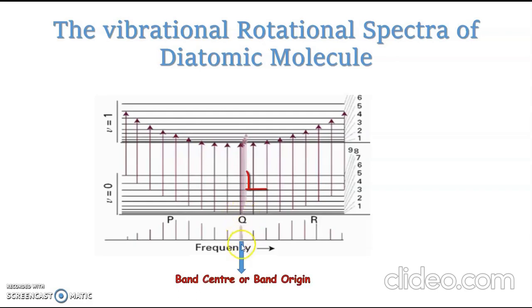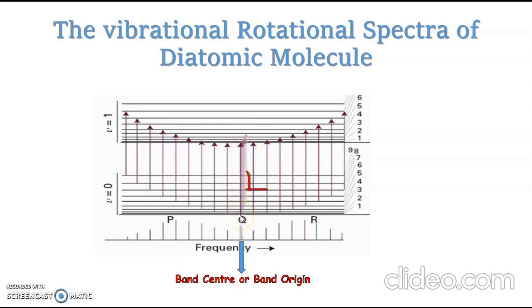And the branch that may get the center is known as band center or band origin, for which delta J equal to 0, that is 0 to 0 transition.